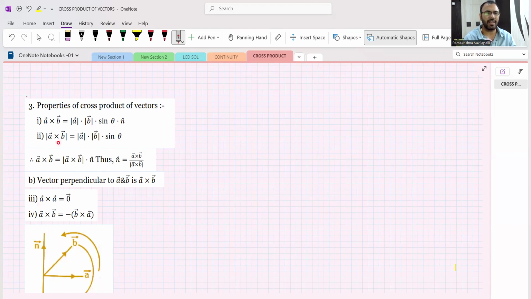Now taking modulus on both sides: mod A, mod B, and mod sin theta stay as they are. But what is the modulus of n cap? The modulus of n cap is nothing but 1.